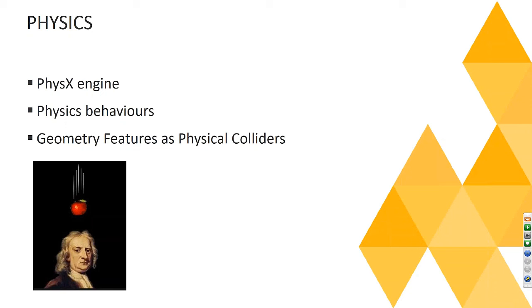And how you associate physical behaviors to your components is that you need to define the physical colliders in the geometry, and then you need to add physics behaviors to your component, which will define the frictions and other type of features.